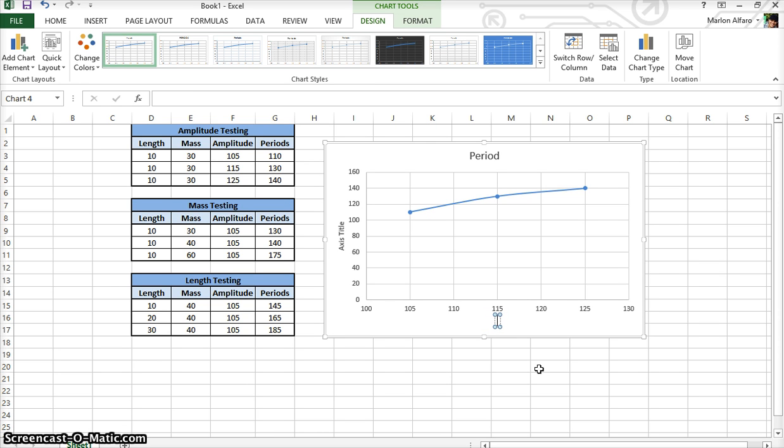So in this example, the x-axis is going to be amplitude and your y-axis is going to be periods. And then make sure you title your graph. I'm going to title this one amplitude versus periods.